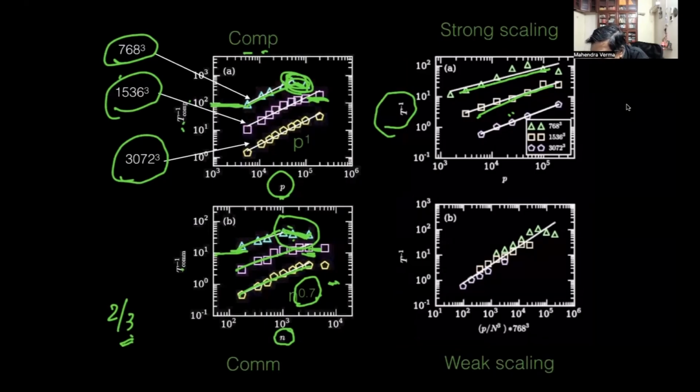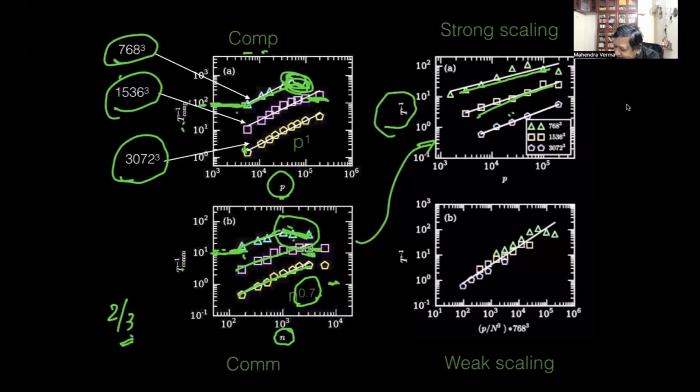So T inverse of 100 means 0.01 seconds, and this is 0.1 seconds. So communication for this data point is 10 times the computation. Communication takes a much longer time, that's what you see. So this is essentially T communication.